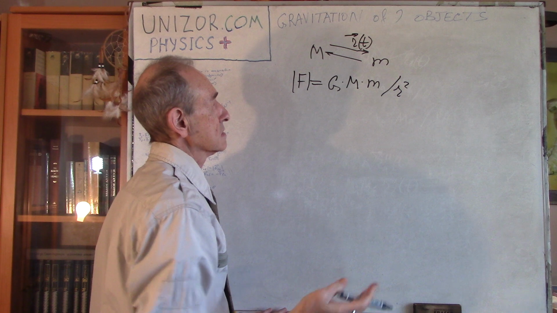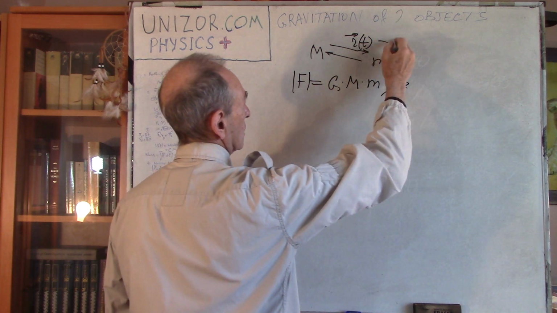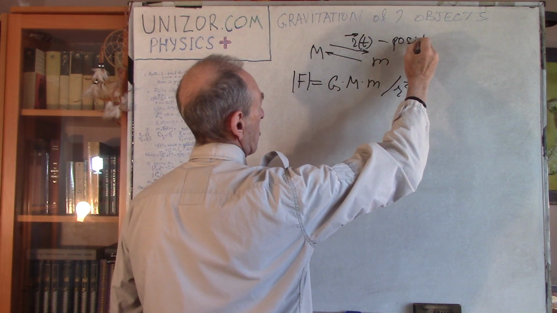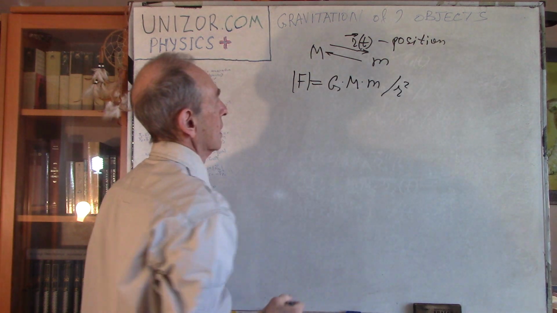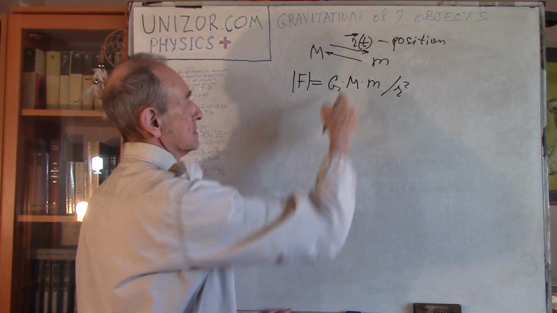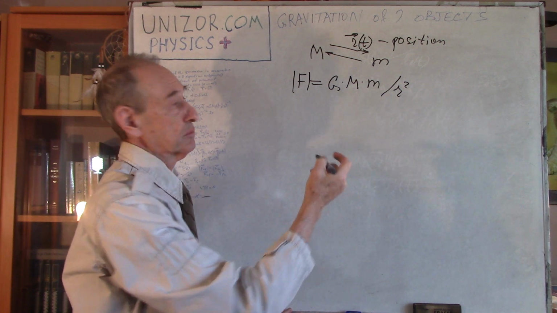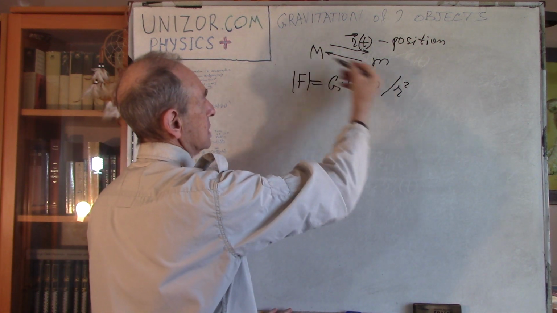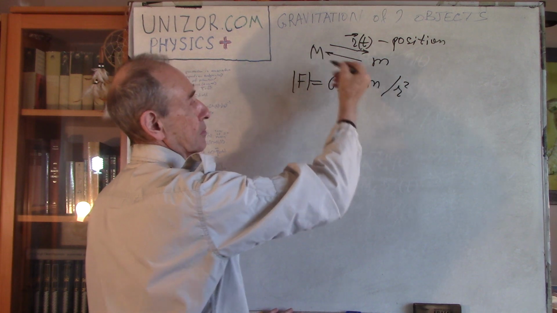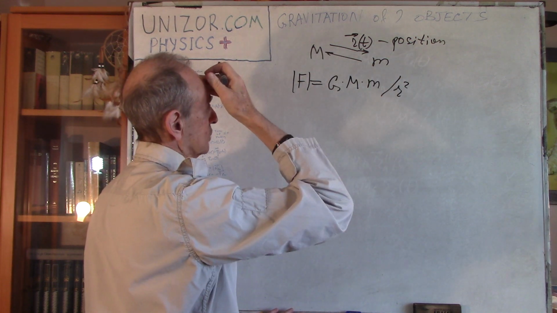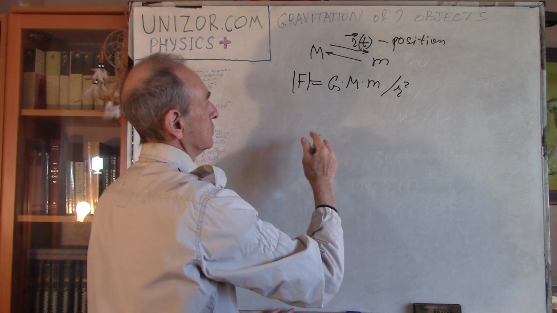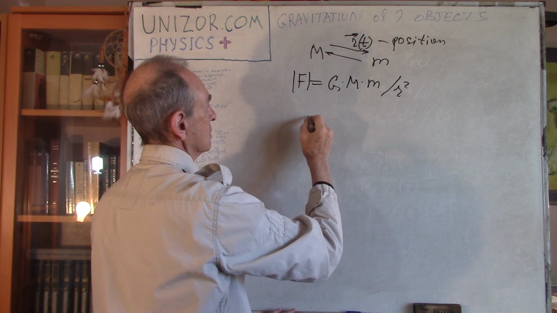So this is a position vector. The vector of force is collinear, because it is on the same line, but in the opposite direction.